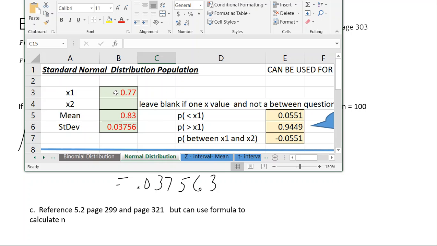I put in 0.77 for x, a mean of 0.83, and I can use a standard deviation of 0.03756, which is what I calculated. That will calculate my probability of less than this value at 0.0551.